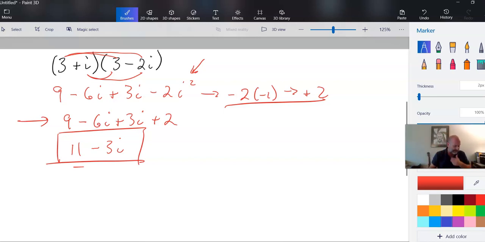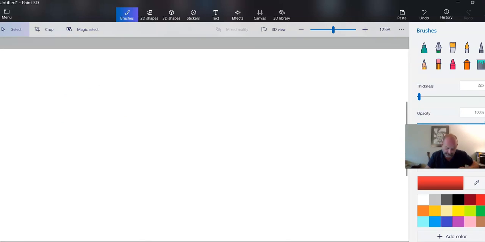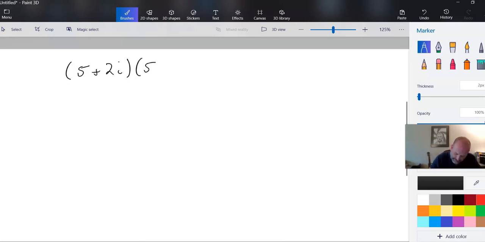Okay, so let's take a look at one more. In fact, let's make it 2 more, because they have a similarity between the 2 problems that I want to point out. So let's look at the next 2 problems here. Let's say they are 5 plus 2i times 5 minus 2i.